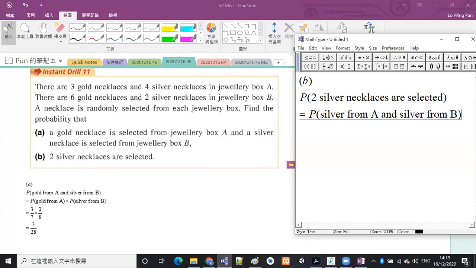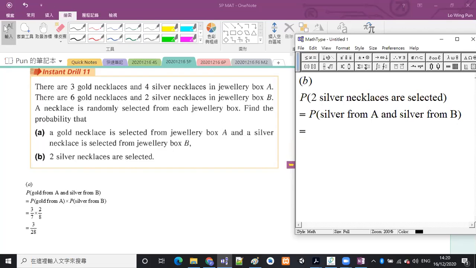I just rephrase the given sentence into the type of sentence that is suitable for mathematical calculation. 2 silver necklaces are selected, which exactly means that it should be a silver from box A and a silver from box B. If that is the case, again, they are connected by the keyword and, and they are from different sources.